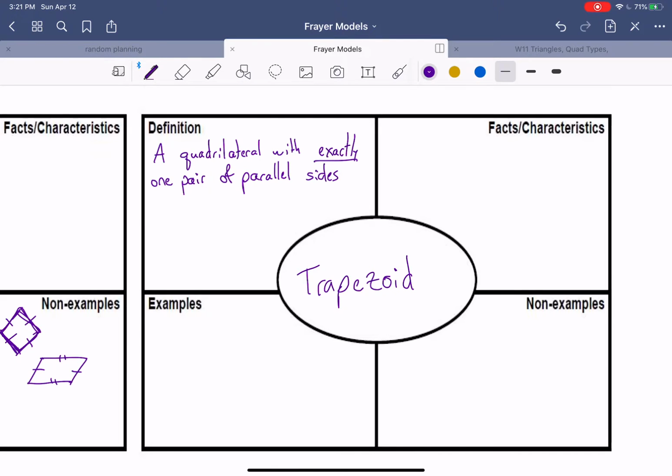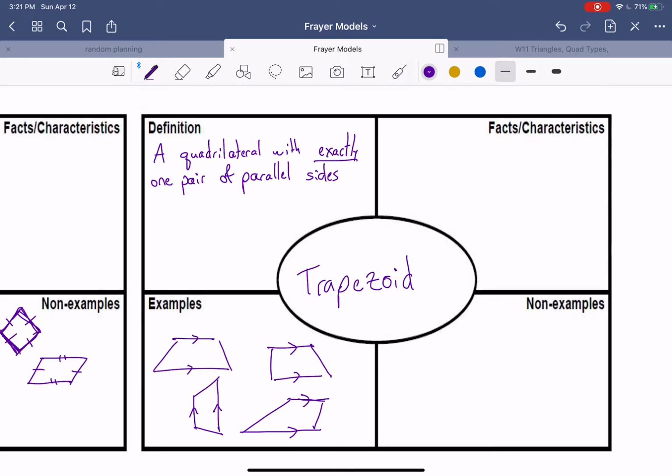All right, so what that means is we have a trapezoid, or we have a trapezoid, or we have a trapezoid. But in all of these cases, we see exactly one pair of sides that are parallel. The other pair of sides are not parallel, right?